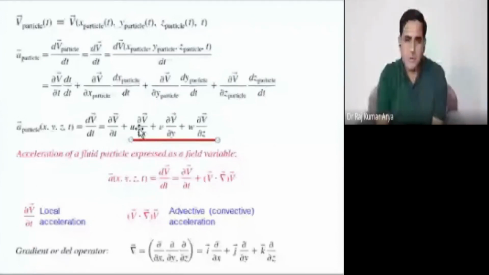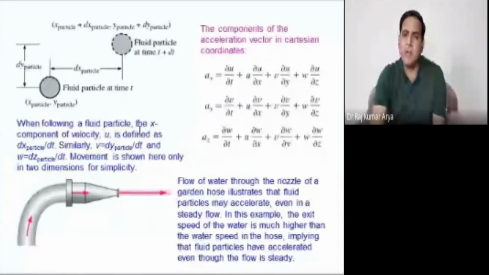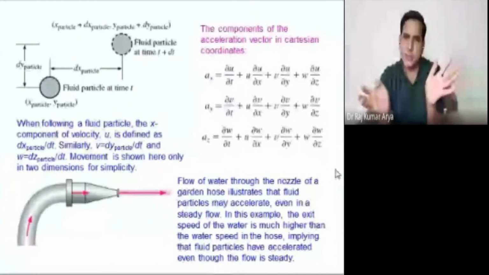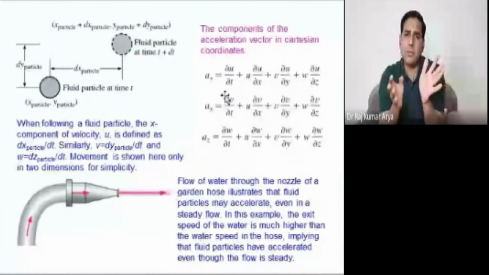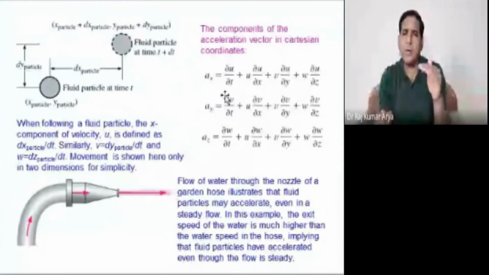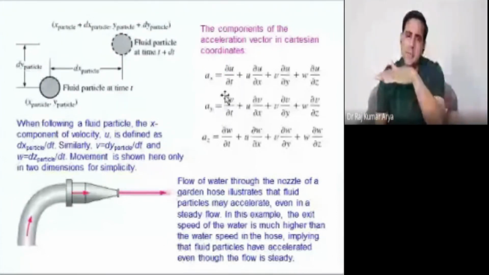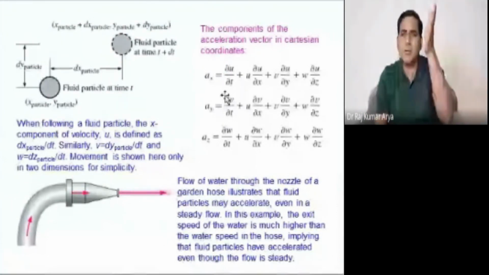So we will end this class here. Then you can write here acceleration. Previously you got the total acceleration of the particle. Now because you have a 3D flow, you want the acceleration in direction x, in direction y, and in direction z.